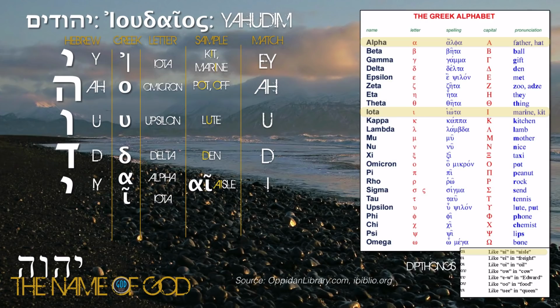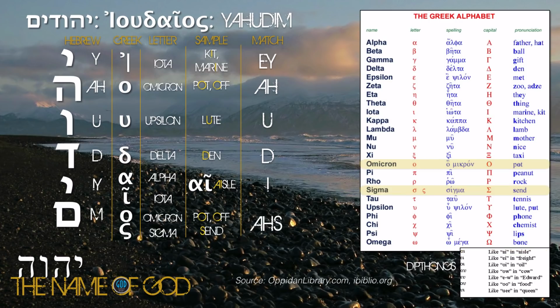Now's where we have our first Greek combination, or diphthong. A and I together produce the sound as in aisle, basically an I. And look, still following the original model very closely, Yahudi. This is where it deviates, the ending.